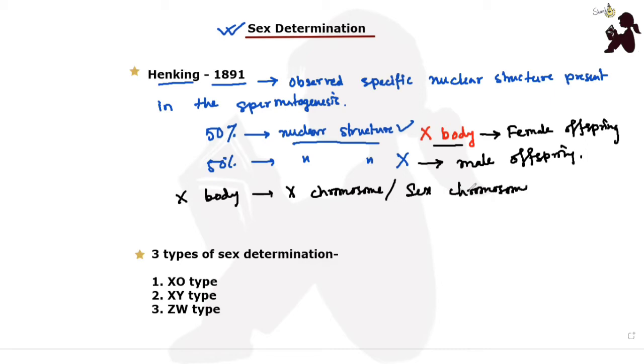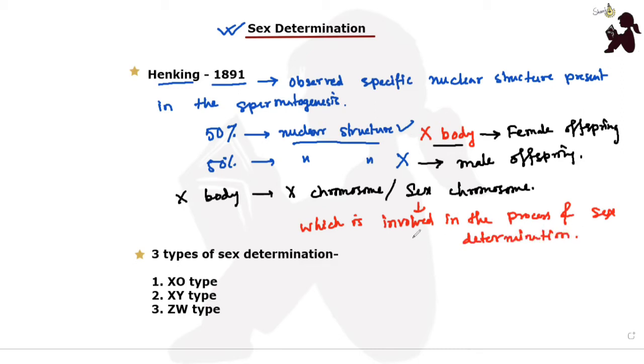The sex chromosome means the chromosome which is involved in the process of sex determination. Other chromosomes which are not involved in the process of sex determination are known as autosomes.